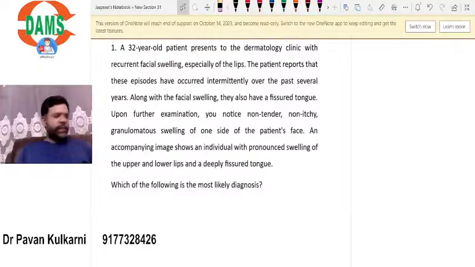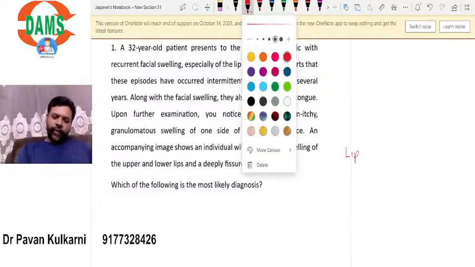The patient reports that these episodes have occurred intermittently over the past several years. Along with the facial swelling, particularly of the lips, the patient also has a fissured tongue. So the patient is having lip swelling, that is the one thing we have to notice here.